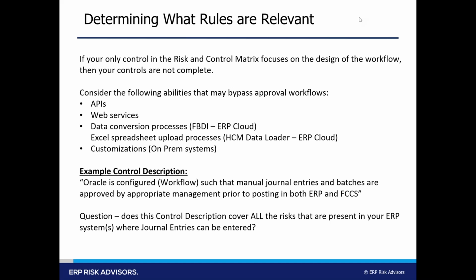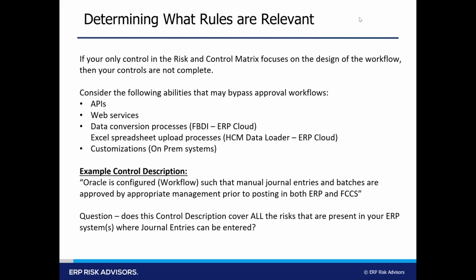But going to the middle part of the screen, there are several different ways that privileges can be used to bypass approval workflows. APIs, web services, data conversion processes, think of FBDI abilities, Excel spreadsheets, the HCM data loader process.